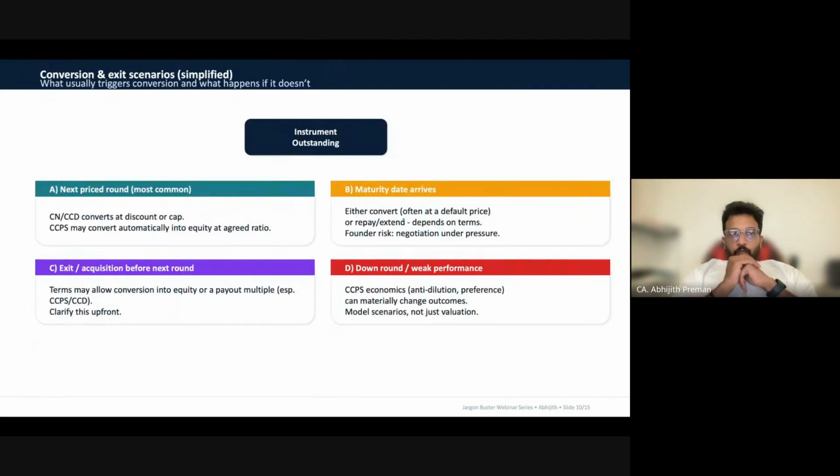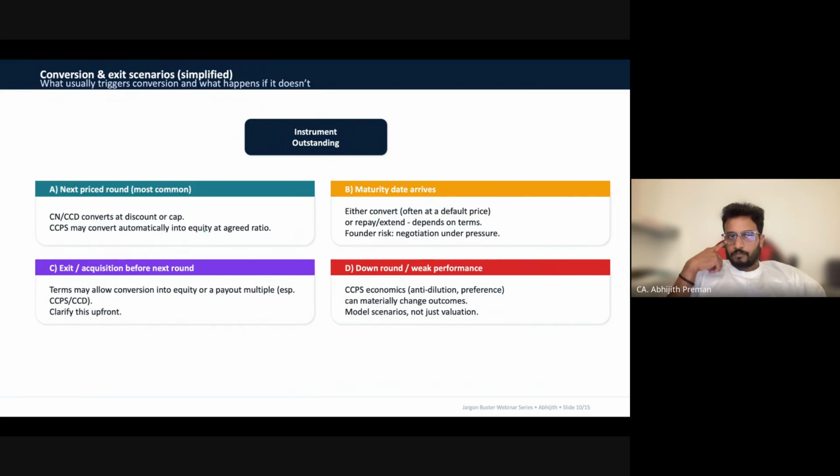Conversion and exit scenarios: what usually triggers conversion, and what happens if it doesn't. The next priced round is the most common trigger. Typically, a convertible note or CCD is converted at the discount or valuation cap. CCPS may convert into equity at an agreed ratio, like 1:1. When I say 1:1, for one preference share you will be giving one equity share. Or it can be that for two preference shares, you will be giving one equity share.